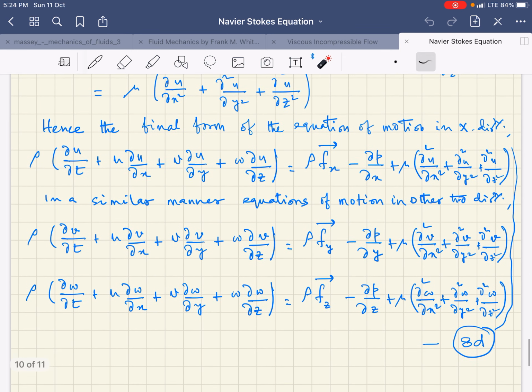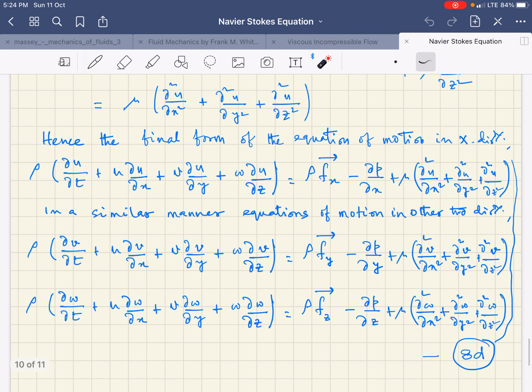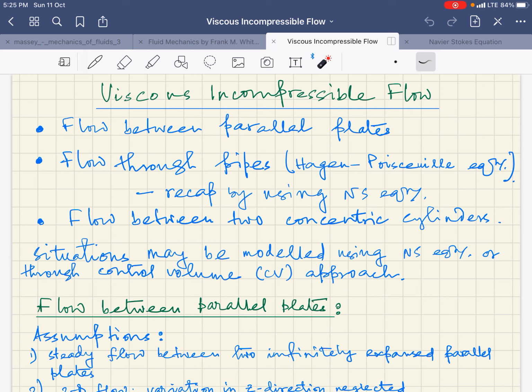So these are the final form of the equation of motion in x direction, and in the other two directions, that is y and z direction. Okay, so that is what is being written here, and I think you have gone through that. So we will be referring to this particular equation of motion, and this equation of motion is also known as Navier-Stokes equation.